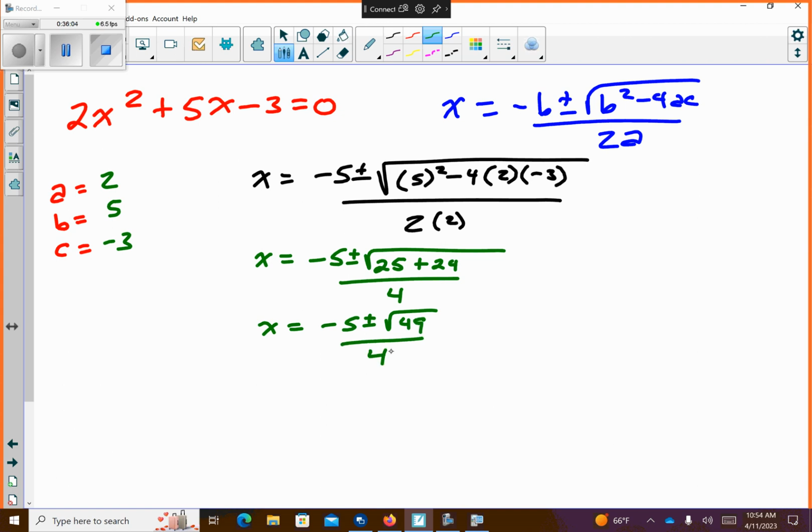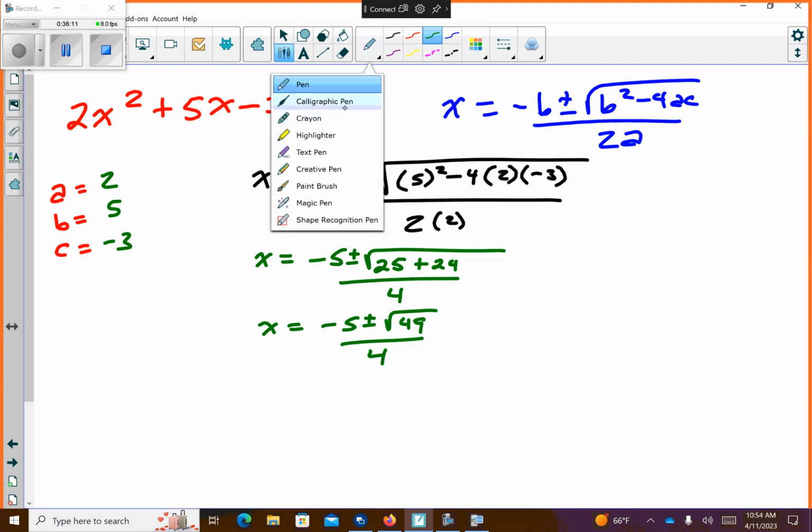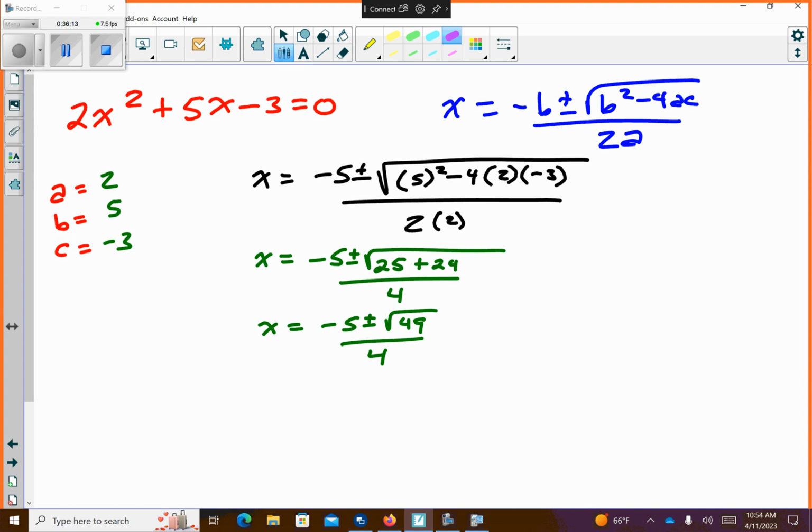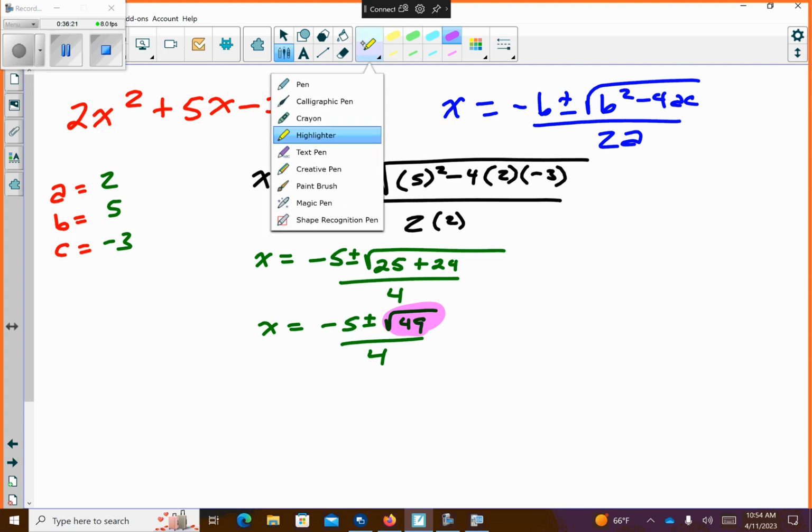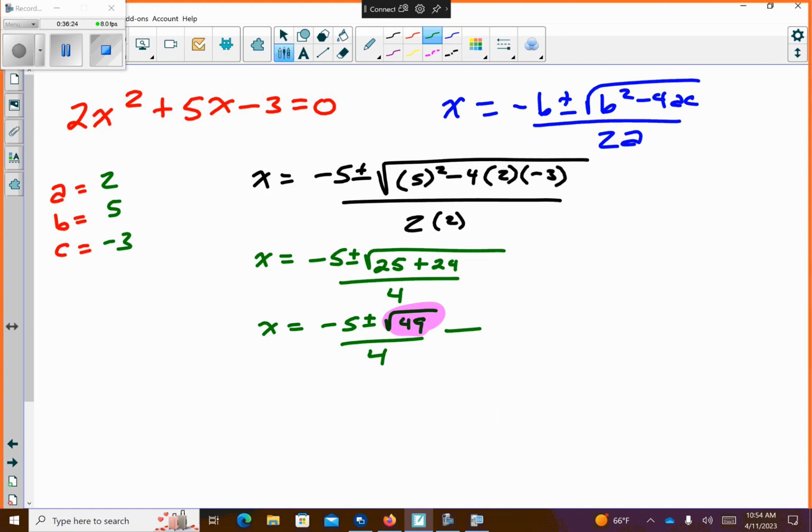So I get to that point. I like it. What do you notice? What do you notice up here? 49 is a perfect square. 7 times 7 is 49, so the square root of 49 has to be 7. Agree?